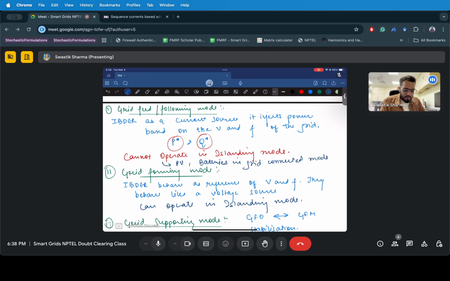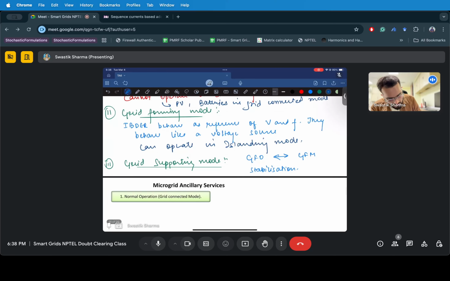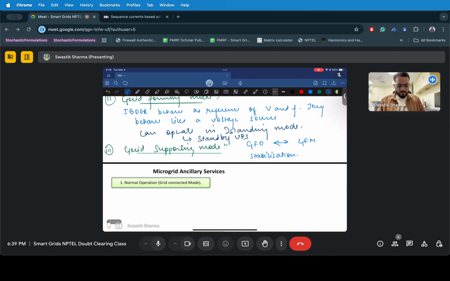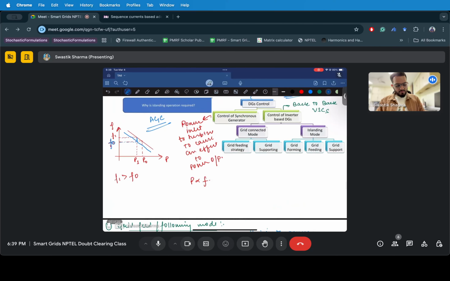Then in your grid forming mode, you can have your standby UPSs, which can act as a reference of voltage and frequency so that all other converters, all other DRs, can work, right? So these are some strategies in which both of them work. In grid connected mode, as I said, only grid following and grid supporting work, and in islanding we have grid forming, grid feeding, and grid supporting work.